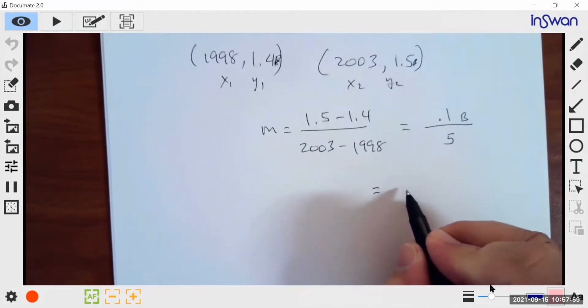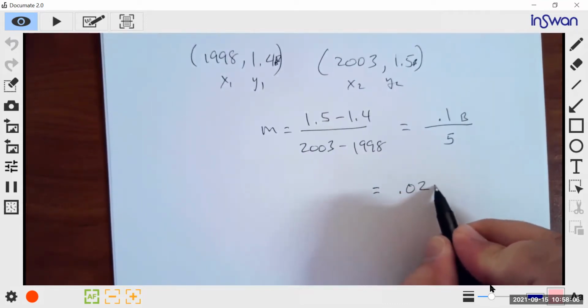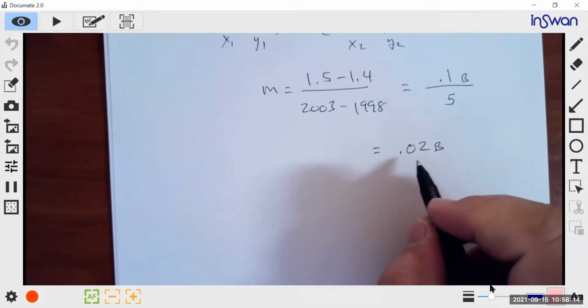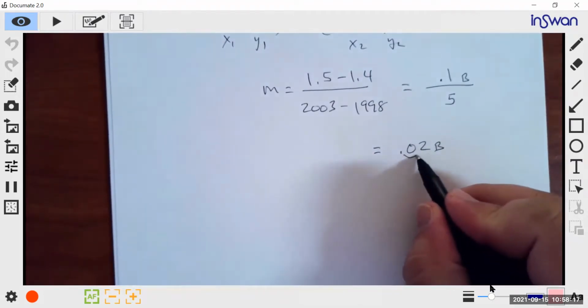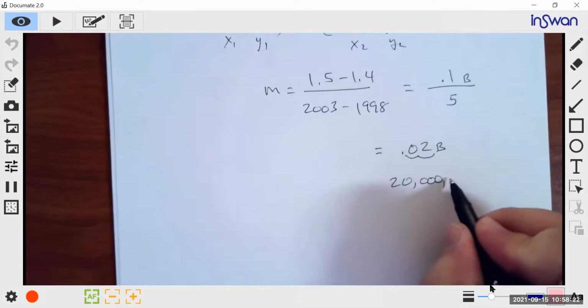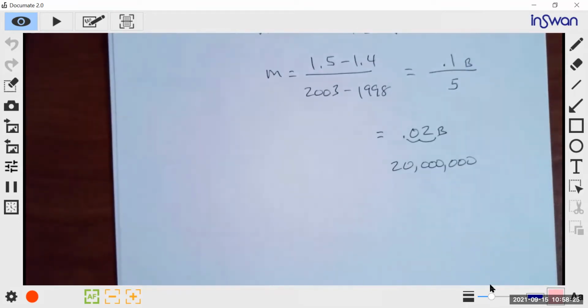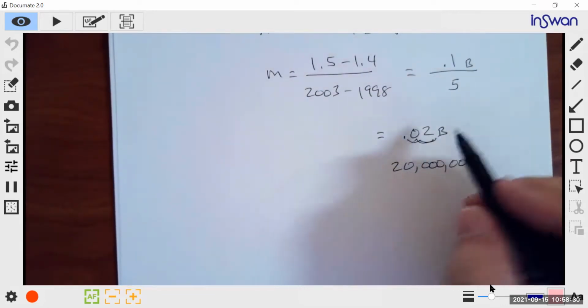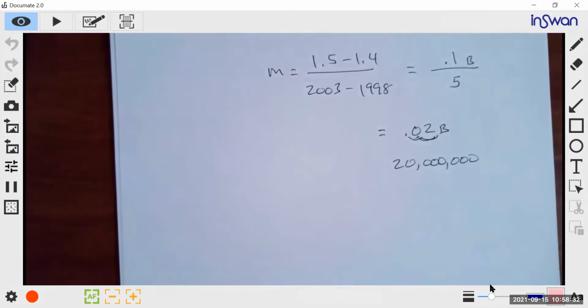What does that equal? 0.02 billion. Right. So how much is 0.02 billion? This is 100 million. That's 20 million, because this is billion, I go back 2 spaces. So instead of 2 billion, it's 20 million.